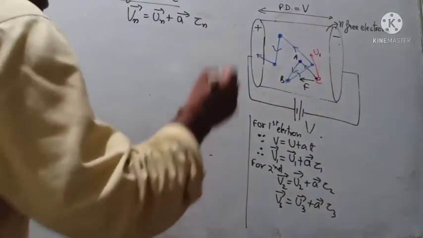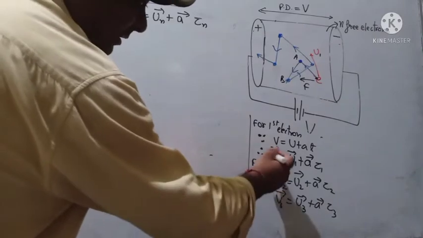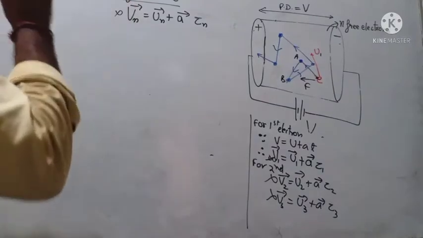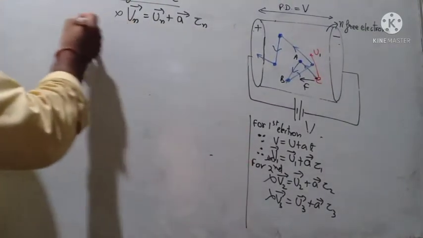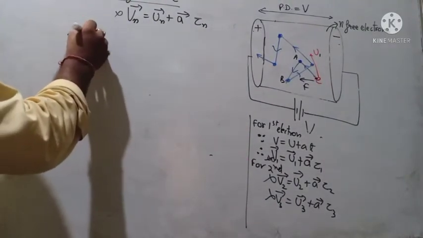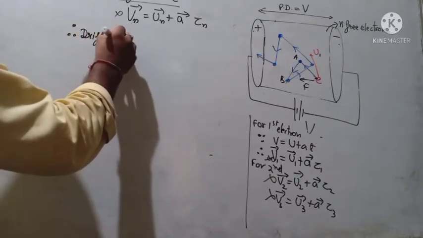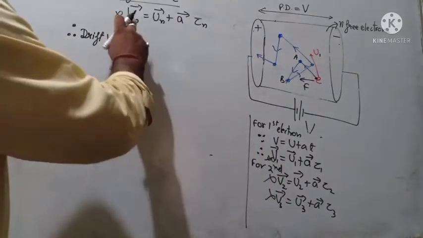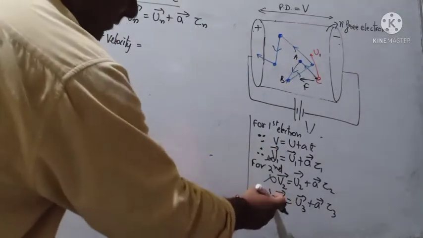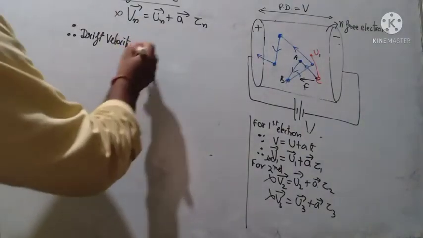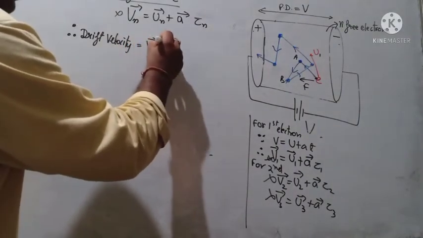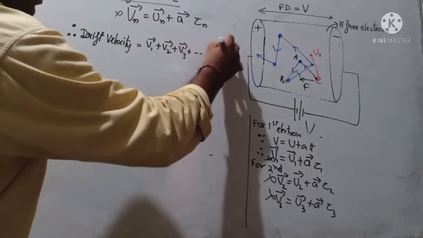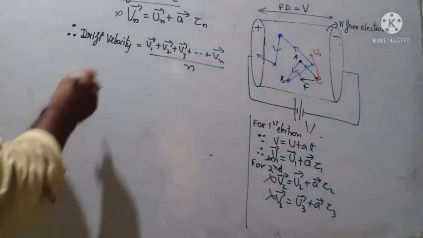Similarly for n, the average of all these will give us the drift velocity. So the drift velocity is equal to the average of all these velocities, because the electron is drifting toward the positive with this velocity only. So what will be the drift velocity? V1, V2, V3 plus dot dot dot Vn, and we will take the average of this.